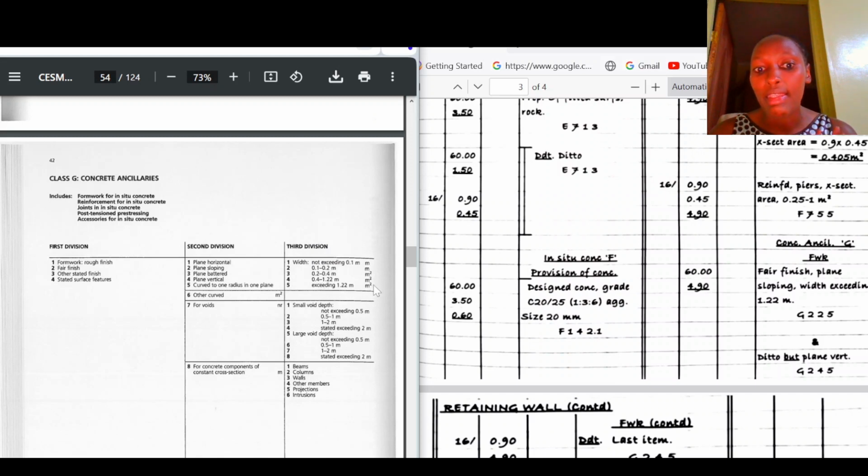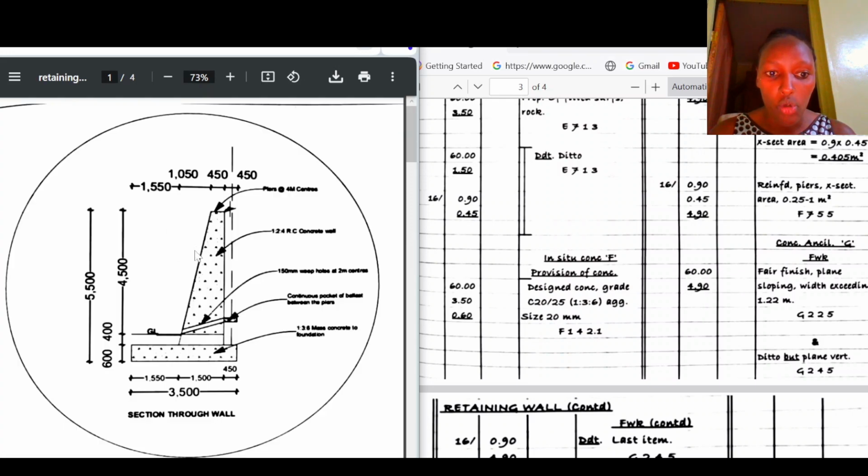So it shall be 4.9, that is the height. We will take the height times the length. For the sloping soffit, you see, this is the sloping side, then the vertical side. They take the total length of the wall, which is 60 meters, then for the height of the sloping side we will just take the vertical height, which is 4.9, the wall from here to here, 4.9 times 60 meters.